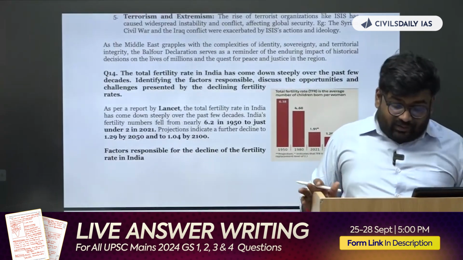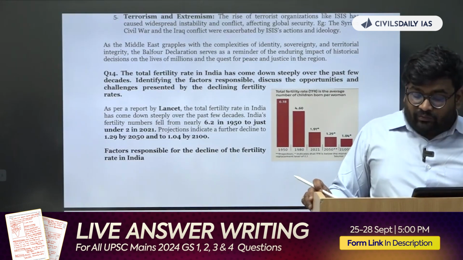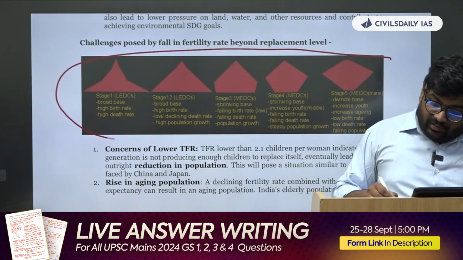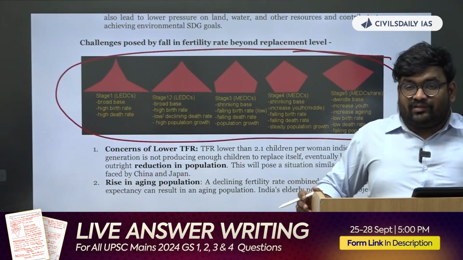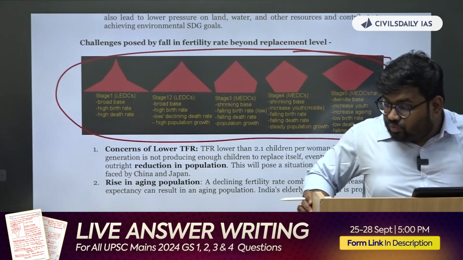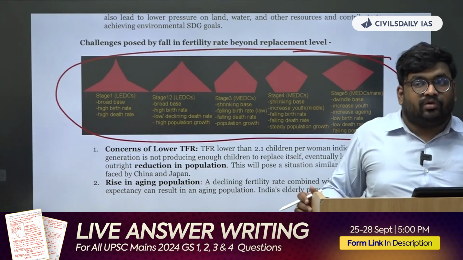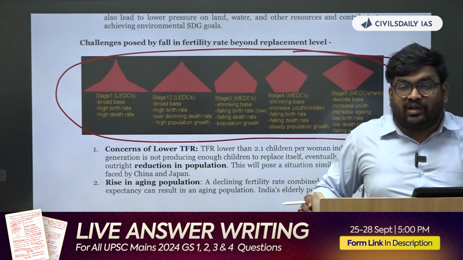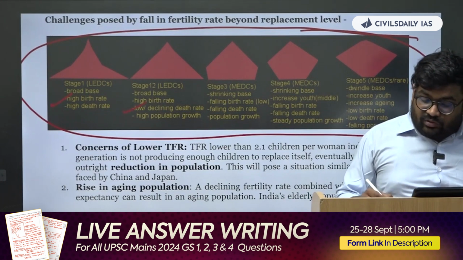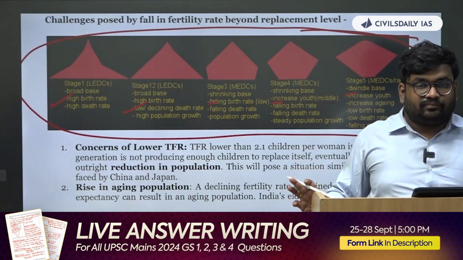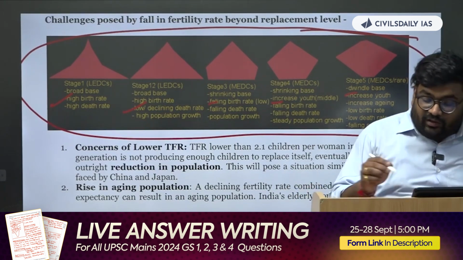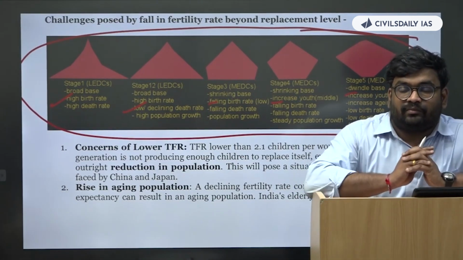This was India specific. Total fertility rate, this is the demography. So this was the cycle of the demographic changes. Remember this diagram in any question related to the demography. You had to use this diagram with respect to the stages: stage 1, stage 2, stage 3, 4, 5. Even if you have limited content, after the introduction, you can use this diagram.